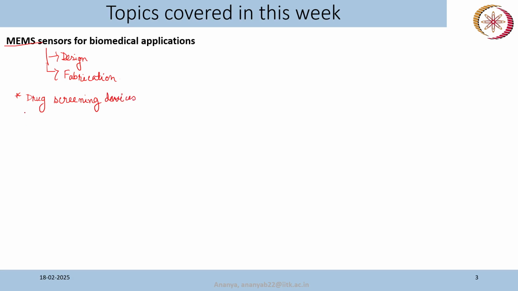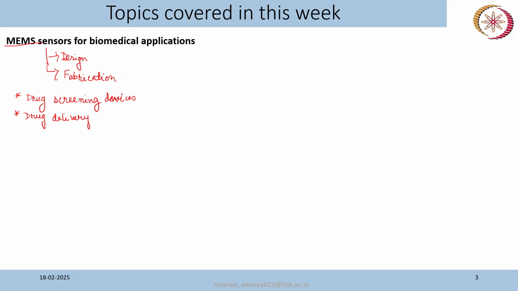And another example was drug delivery. This example was not discussed in detail, but it's kind of similar. Drug delivery is where you want to deliver the drug precisely into that position.